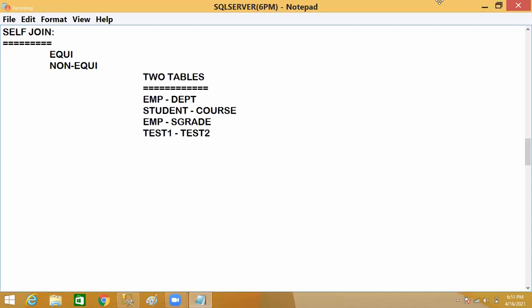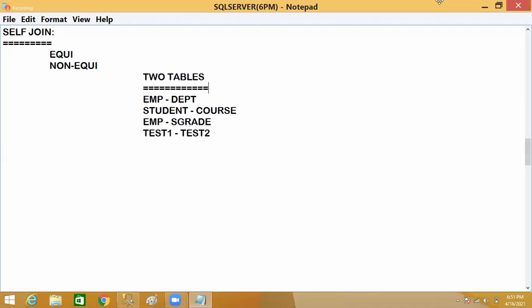These are dependencies: EMP depending on department, department depending on EMP, test 1 depending on test 2, test 2 depending on test 1, students depending on courses, courses depending on students, EMP depending on salary grades, salary grades depending on EMP.